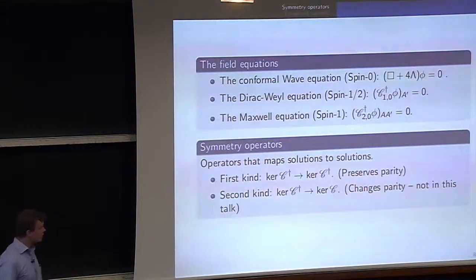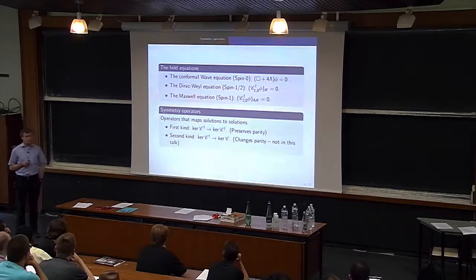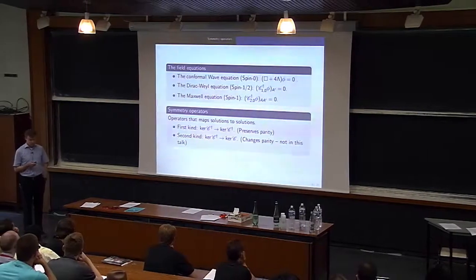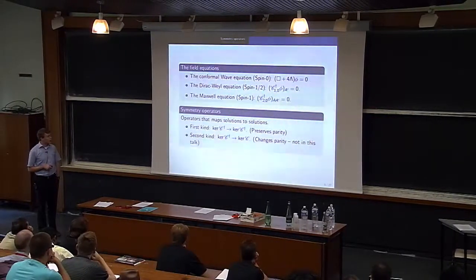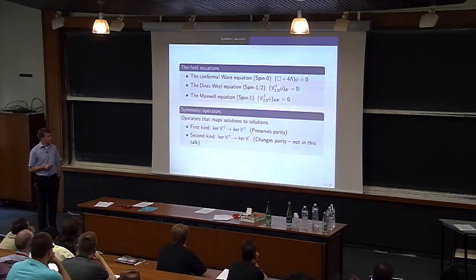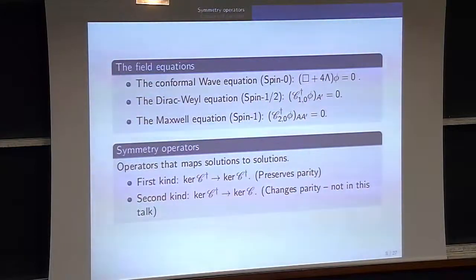Now when we know our operators, we can actually start to study field equations. And I'm mainly interested in the Maxwell equation here. But we'll look a bit into the conformal wave equation and the Dirac Weyl equation. And they can be very neatly formulated just in terms of these curl-dagger operators.